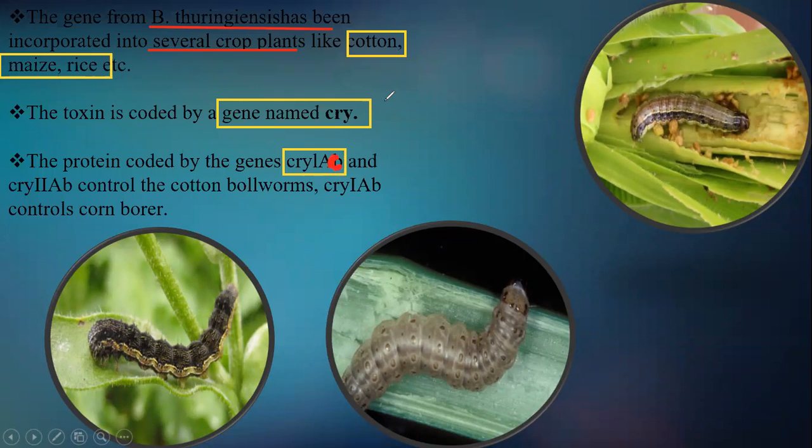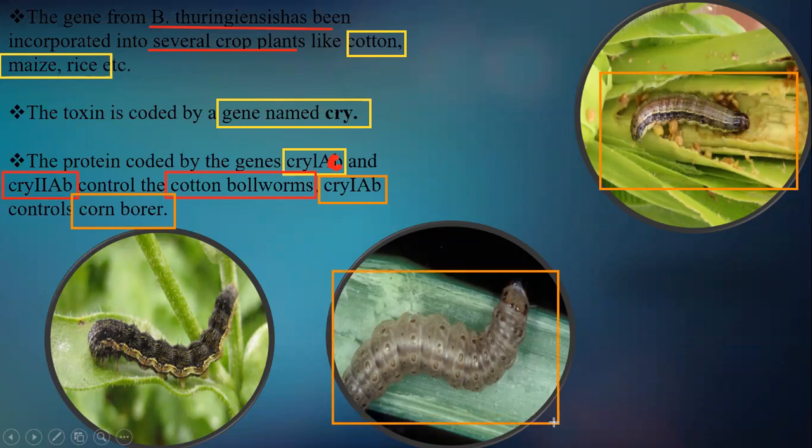Cry1AC and Cry2AB control the cotton bollworm, whereas Cry1AB controls the corn borer. Look, this is a corn borer, not cotton borer, and this is the cotton bollworm.